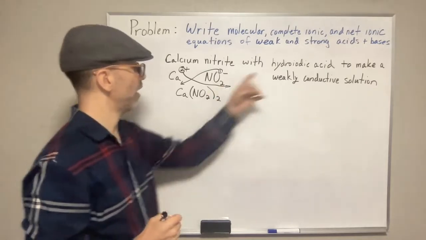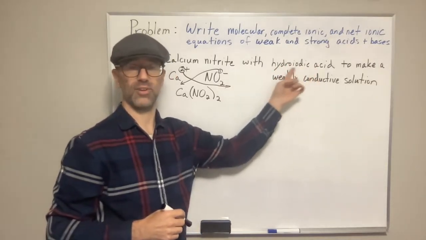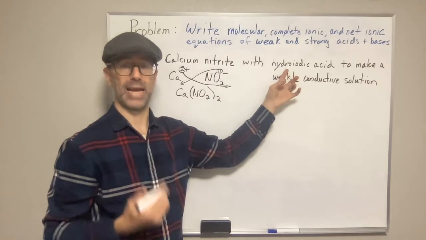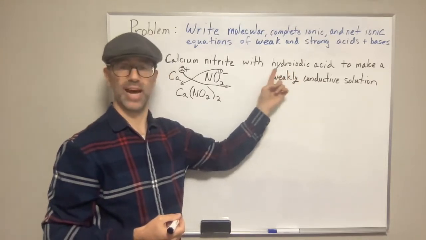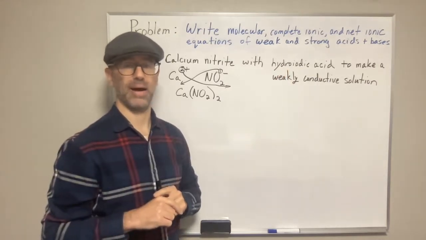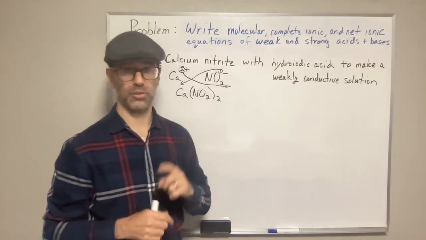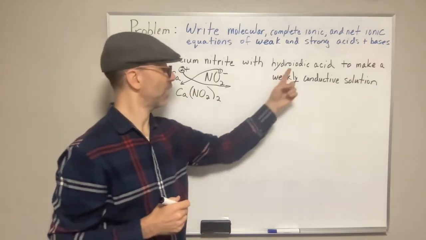All right, so now I have hydroiodic acid. Again, I know that this is a binary acid instead of an oxyacid because it begins with hydro. That tells me that there are two elements in my acid. One of those has to be hydrogen because it's an acid, and the other one is indicated by the rest.